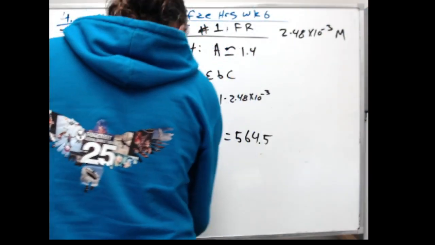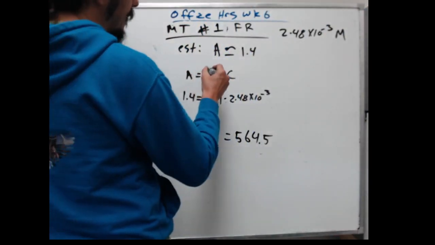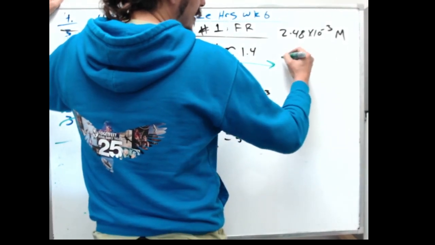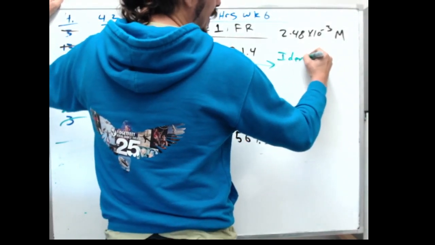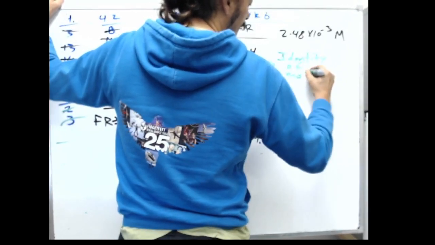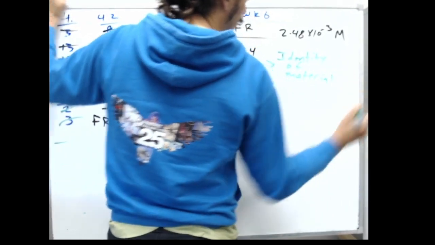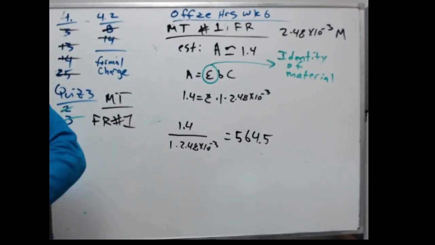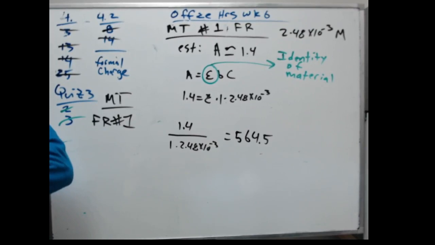The main thing, and this was in the definition of epsilon, is that epsilon depends on the identity of the material. It's a property. If you remember, we talked about epsilon, molar absorptivity, as being really close to density.